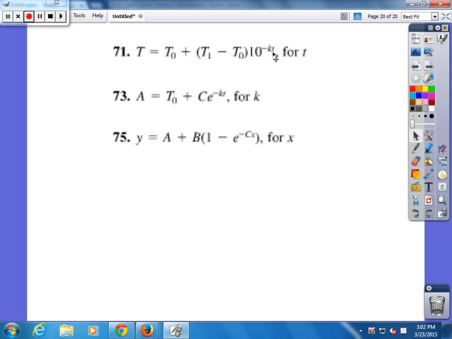And that's negative KT right there. And this is negative CX right there. Now on these type problems, you have to know your logarithmic rules, but before you even start the problem, you got to know how to do what? Algebra.